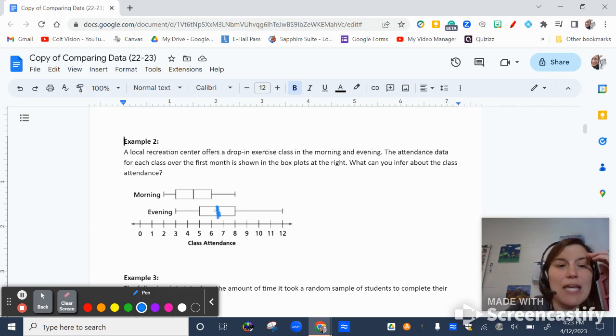If I look at the data cluster, this middle 50%, the typical classes there have an attendance of between 3 and 6 people, whereas this middle group has a class attendance between 5 and 8. So we can say that on average, more people attend the evening class because the evening classes tend to be between 5 and 8 people, because that's the middle 50%, whereas the morning class tends to be between 3 and 6 people.